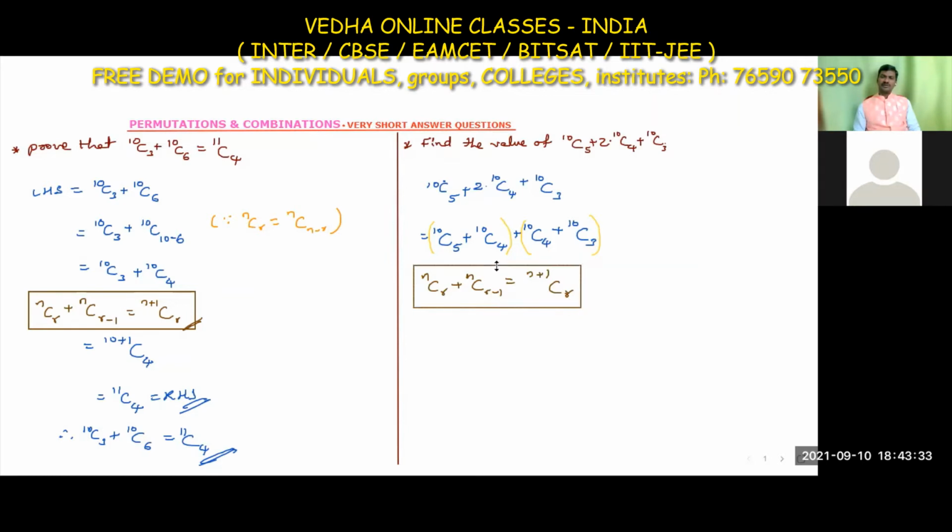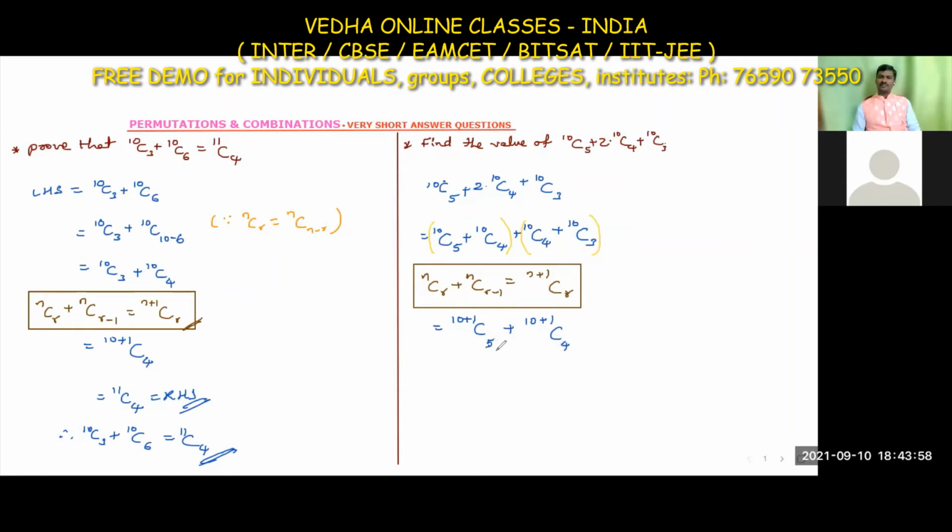Okay, so now if we apply the formula, N value is 10, so 10 plus 1 C, R and R minus 1, 5 and 5 minus 1, write the 5 here. Here 10, 10 same, so 10 plus 1 C, R values are 4 and 3. Bigger is 4, so write the 4.